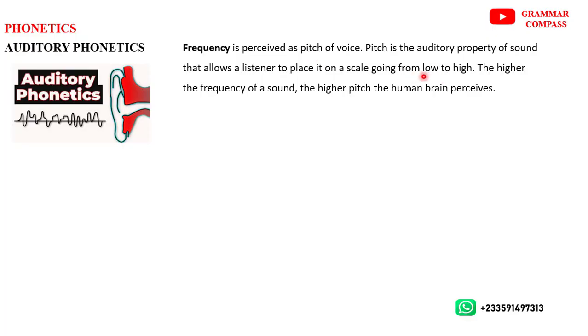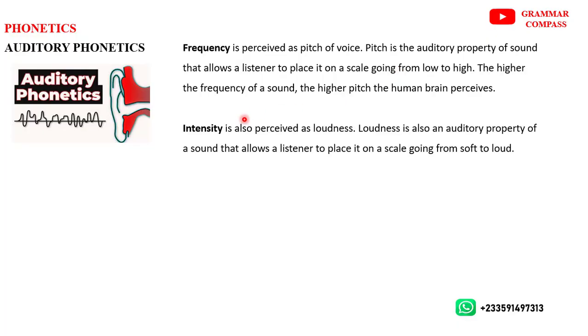So in simple words, we can say that pitch is what helps us to say whether a sound is high or low. For example, compare a child's voice to an adult's. Children usually speak with a higher pitch, which means the sound waves they produce have higher frequency. The higher the frequency, the higher the pitch we hear.